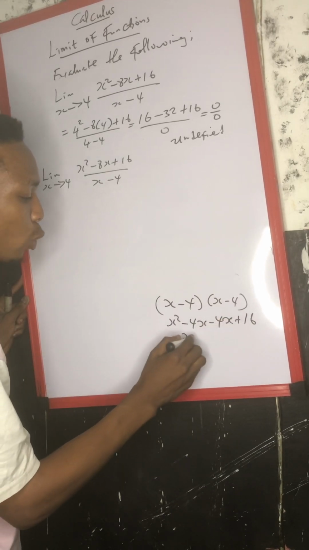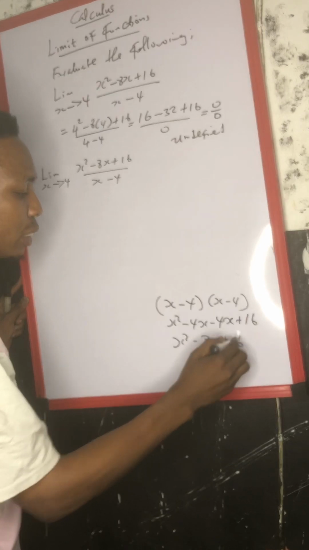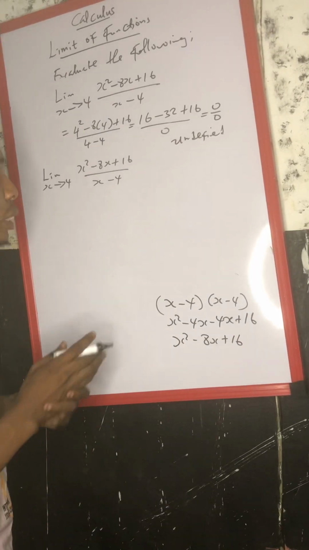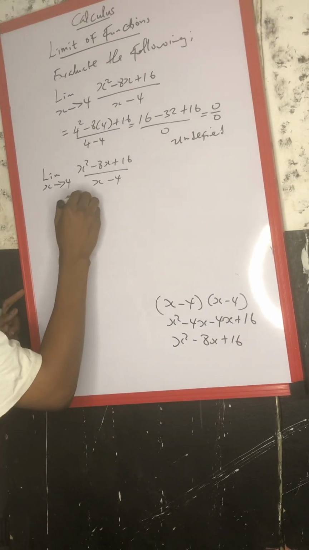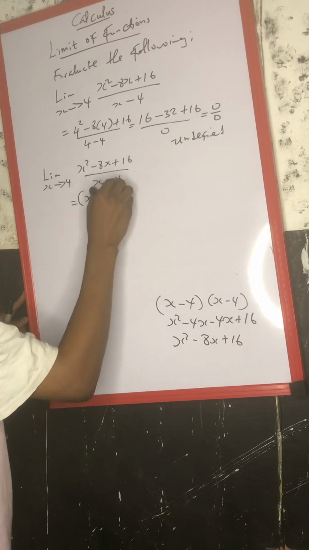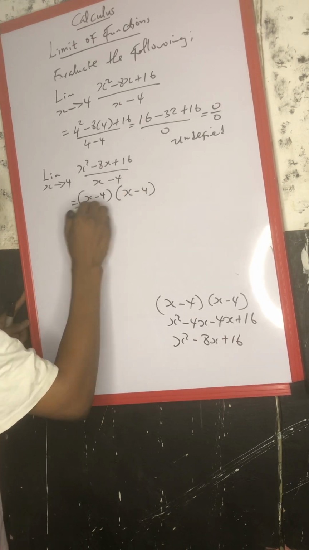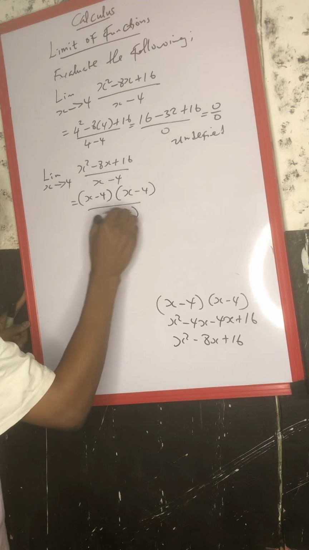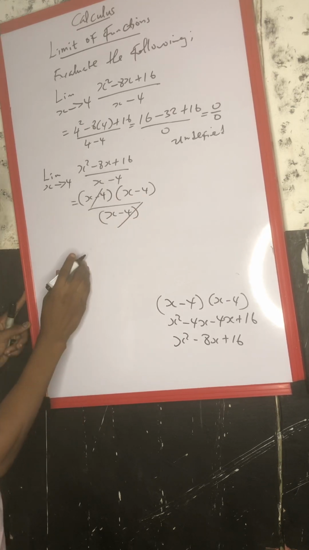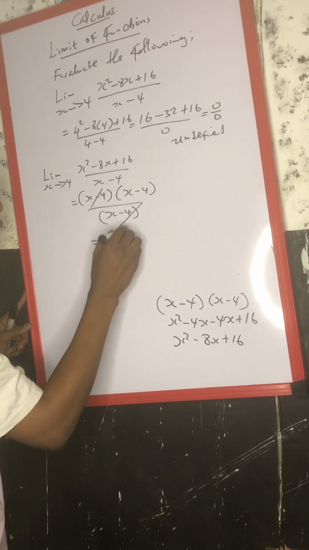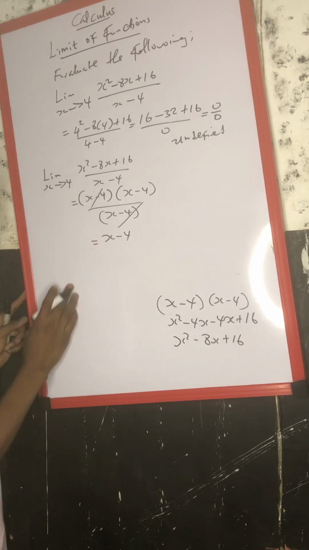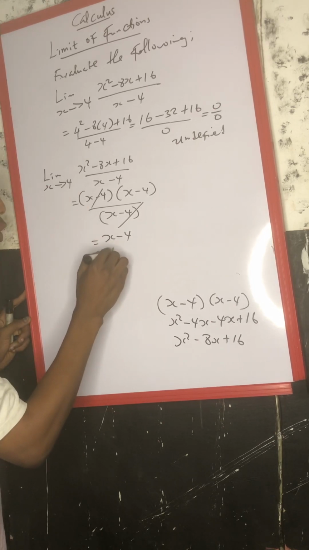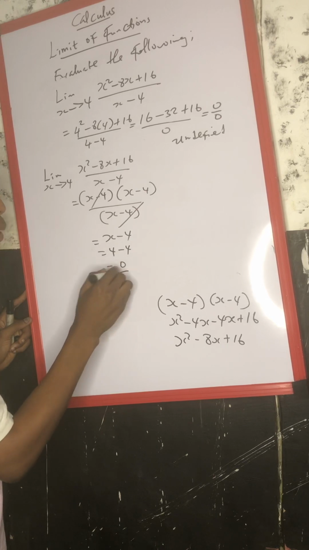We get s squared - 8s + 16. If you observe, it's the same as the expression. So it becomes (s - 4)(s - 4) all over (s - 4). So this can cancel out this. I'll be left with s - 4, and my s is representing 4. So it becomes 4 - 4, which gives us 0.